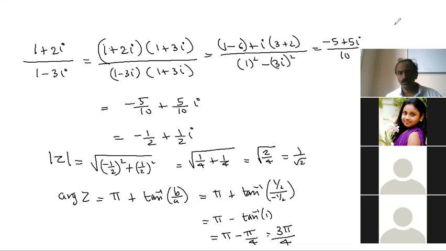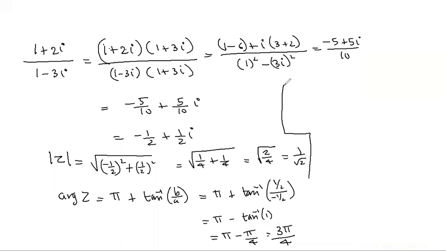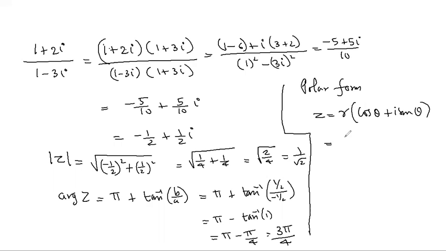So we have to write in both the formats. R is 1 by root 2, so cos 3 pi by 4 plus i sine 3 pi by 4.